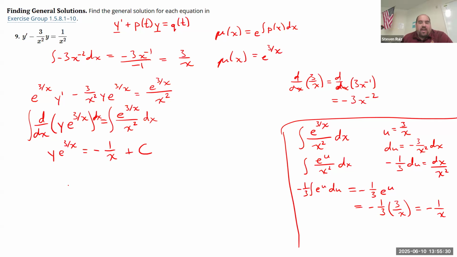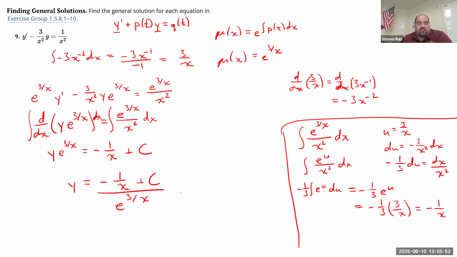So our last move is going to be to isolate y. So y equals -1 over x plus c over e to the 3 over x. We have a fraction within a fraction, which might bother you.